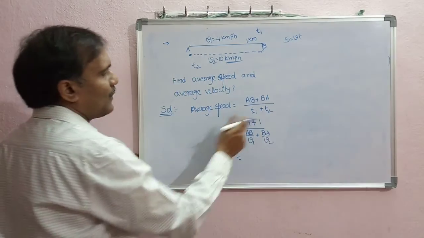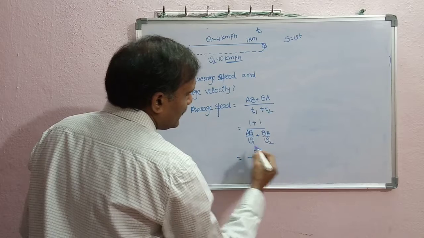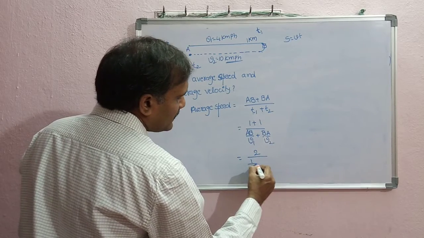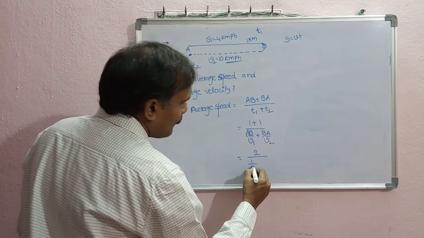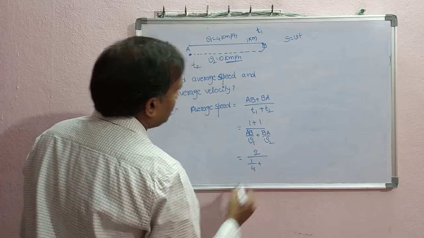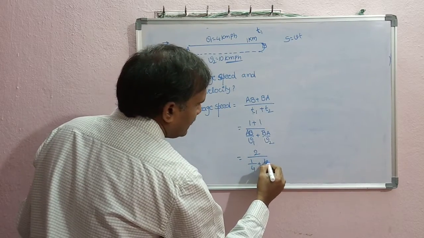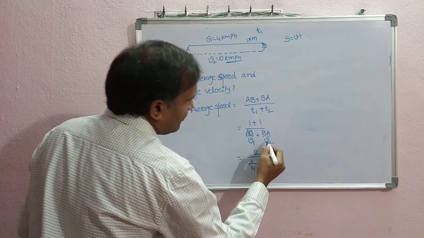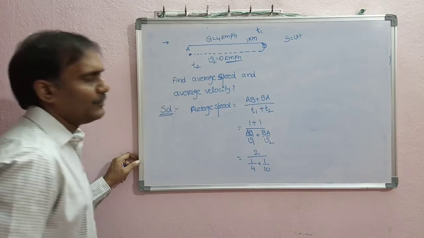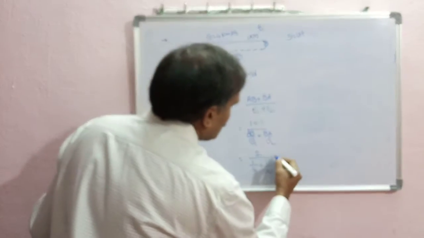This is equal to 1 plus 1, 2. AB 1 kilometer divided by V1, 4 kilometers per hour, plus BA 1 kilometer divided by V2, 10 kilometers per hour.